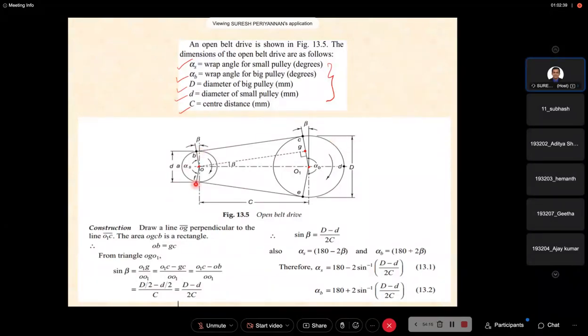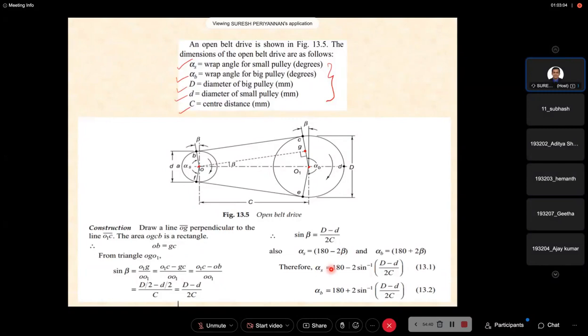On the smaller coin side the contact of the thread is less than 180 degrees, and on the bigger coin side the contact is more than 180 degrees. Hence this side is beta, this side also beta, so 180 plus 2 beta in this region. Alpha s is nothing but 180 minus 2 beta.